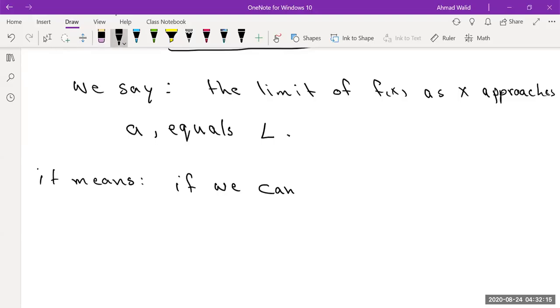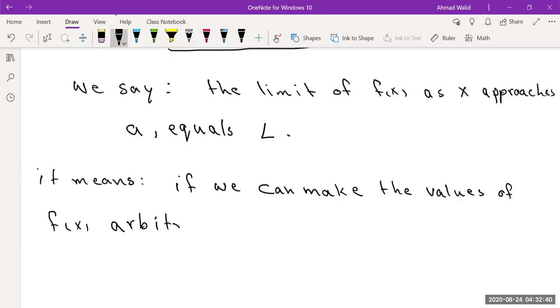If we can make the values of f of x arbitrarily close to L, what does it mean? It means as close to L as we like.